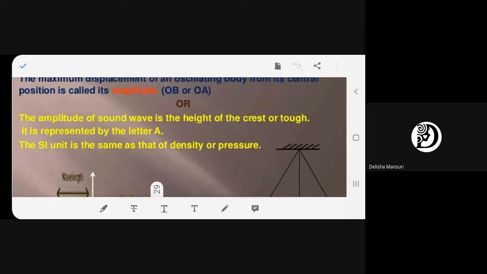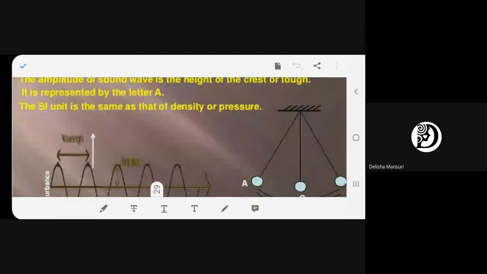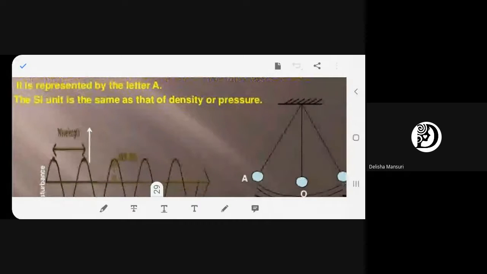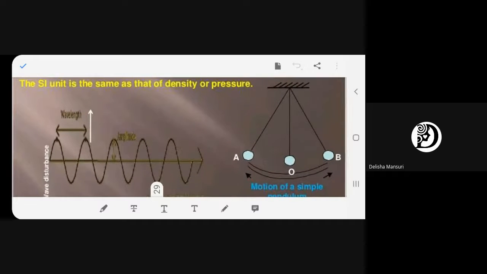It is represented by the letter A. The SI unit is the same as that of density or pressure. It's Pascal.